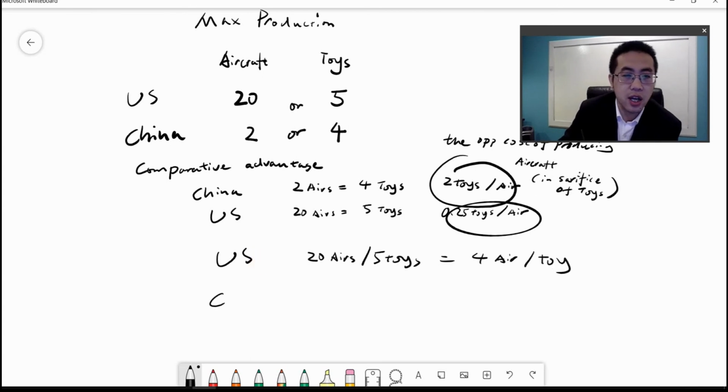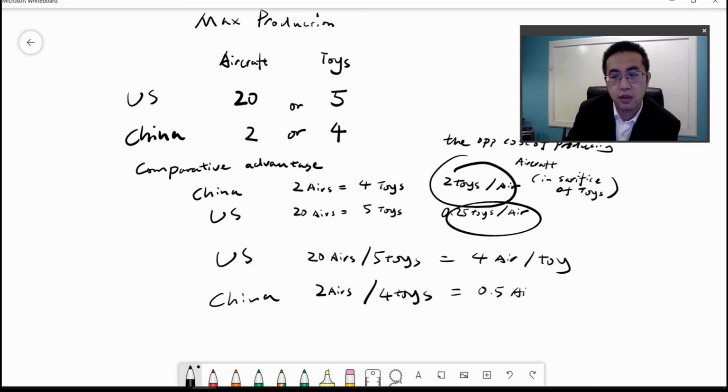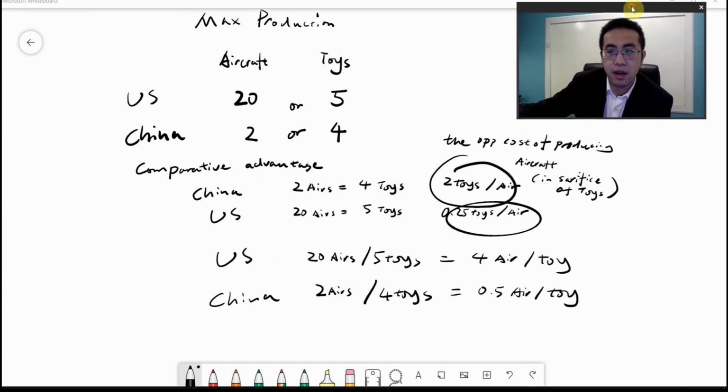And for China, it is 2 aircraft for 4 toys. So that would give you 0.5 aircraft per toy. So you can see that for the U.S. to produce a toy, they would sacrifice more aircraft for 1 unit of toy produced. And for China, if they want to produce a toy, they only need to sacrifice half an aircraft.